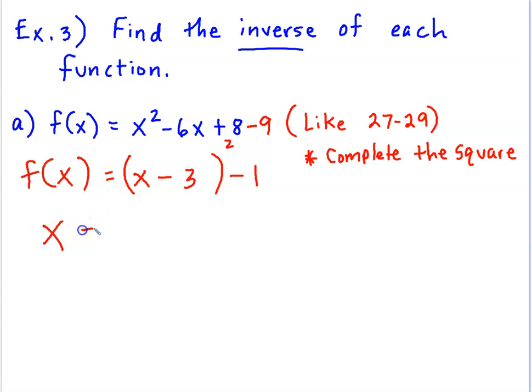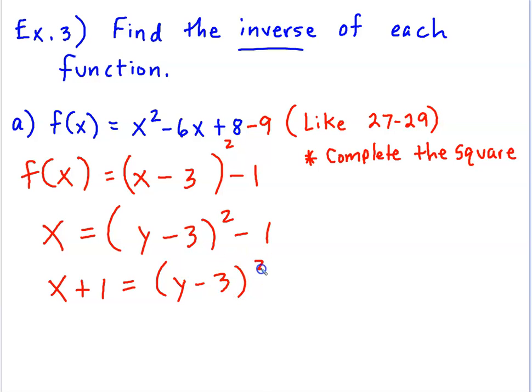All right, so here we go. Switch places with x and y. And solve for y. So my first move would be to add 1. Then I have to do the square root of both sides. And then finally I'm going to add 3 to get y by itself.